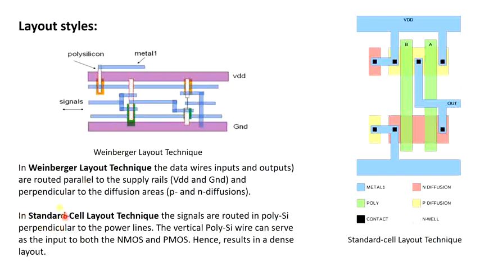Whereas in the case of the standard cell layout technique, the signals are routed in polysilicon lines perpendicular to the power lines. So you can see here, these are the power lines, VDD and ground, and the polysilicon lines which are basically forming the gate here are perpendicular to these power lines.